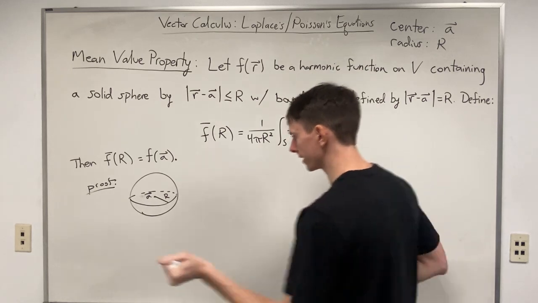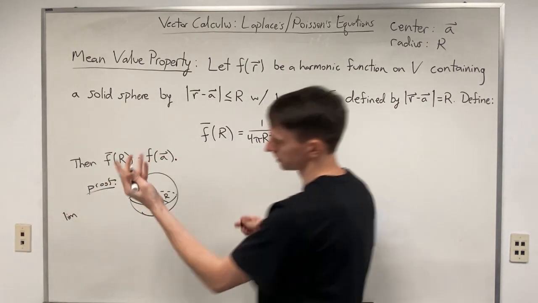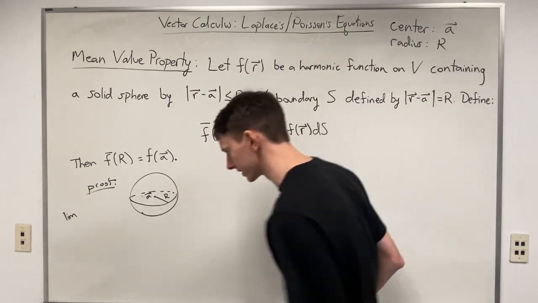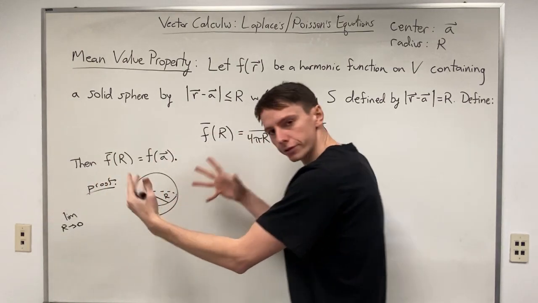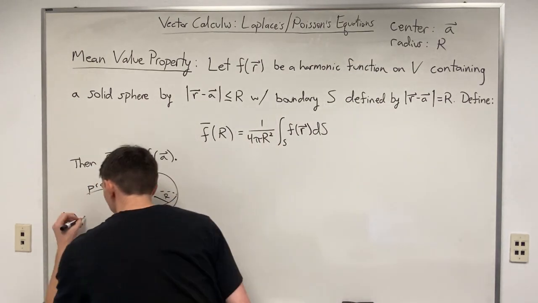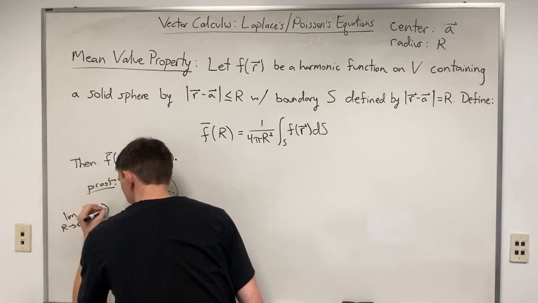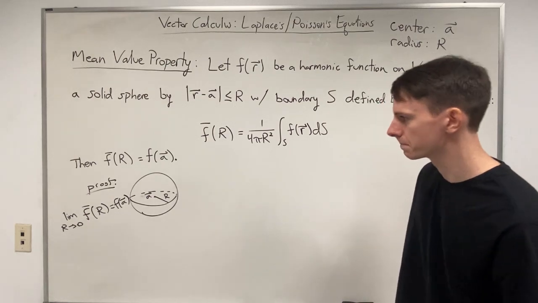So what we can say is that, I guess we're not going to formally prove this, but hopefully it just conceptually makes sense that in the limit, as the radius of our sphere gets smaller, then we would say that the average value equals f of A, right?